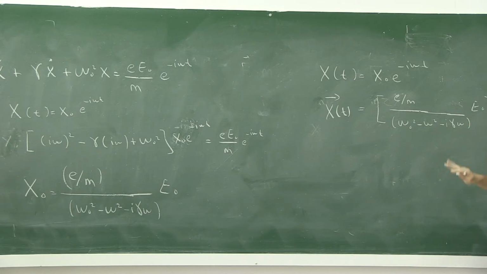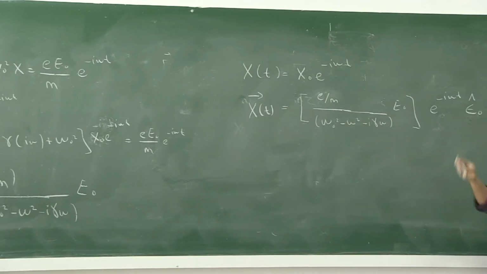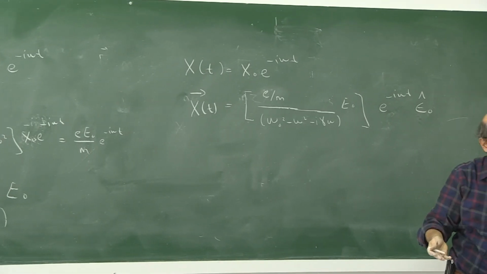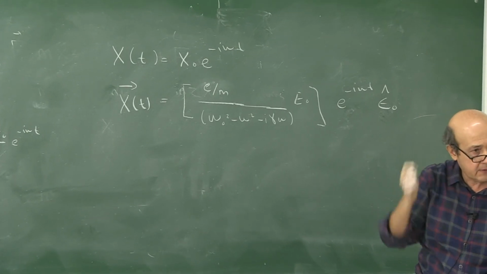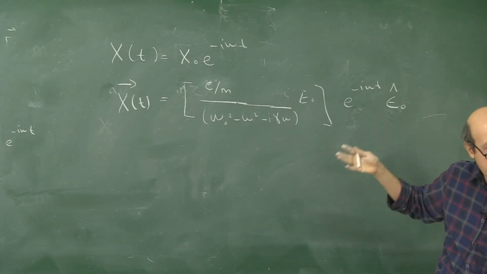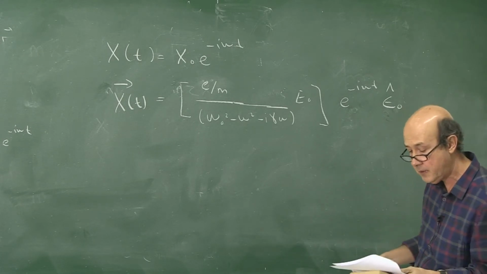I did it there for 1 dimension; you can do it for 3 dimensions. Then the oscillation will take place along which direction? Along the polarization of the incident wave, because the electric field is oscillating along epsilon 0. Okay, we have to include the polarization. Polarization is important in scattering.